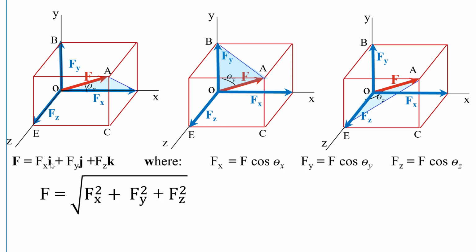We use i, j, and k when we write the equation, so you know which component is in the x direction, which in the y direction, and which in the z direction. So we add this term.